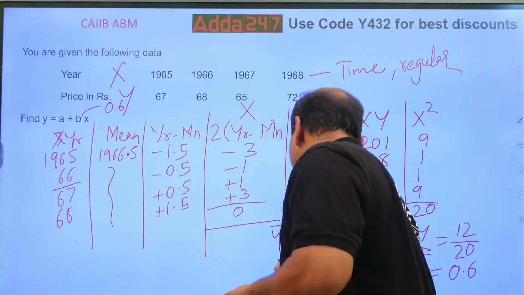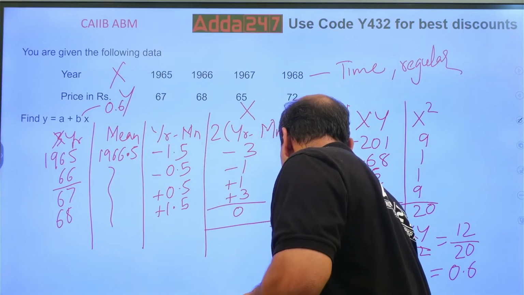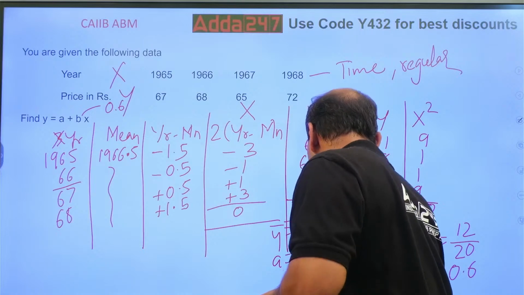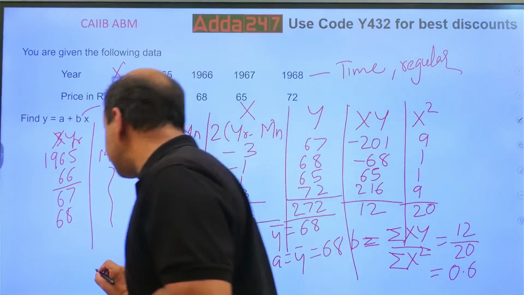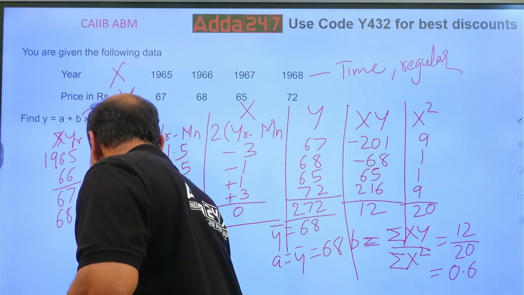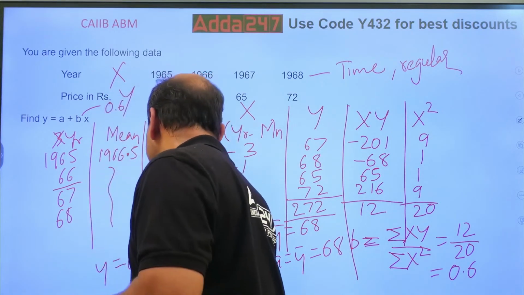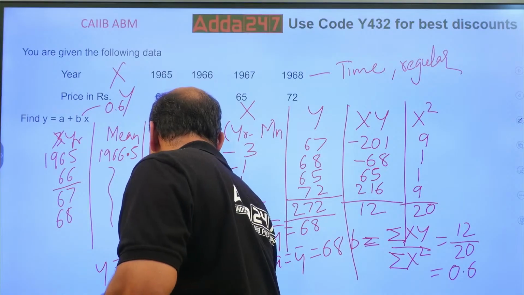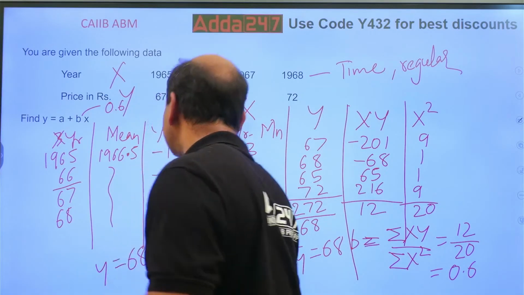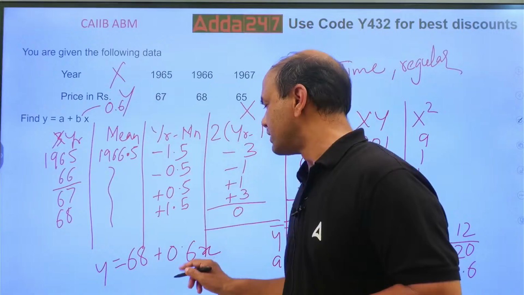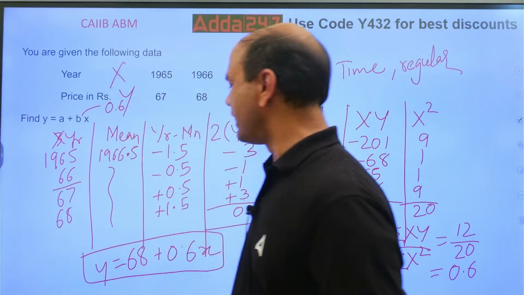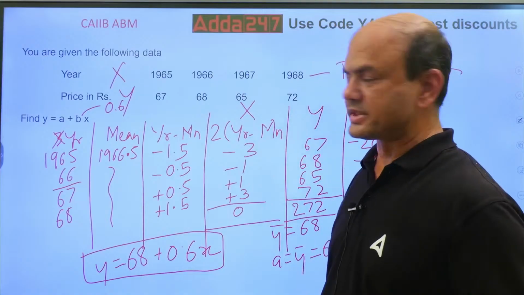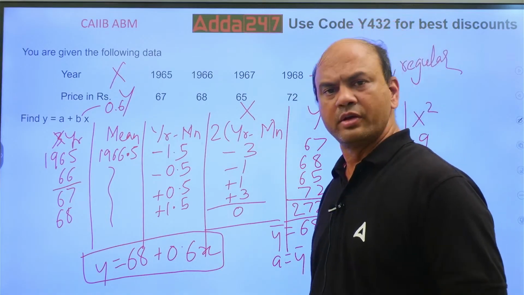A equals y bar. 68. Over. What is the equation? Y equals 68 plus 0.6 into x. Isn't it? Bx. So this is your required equation. Y equals 68 plus 0.6 into x.